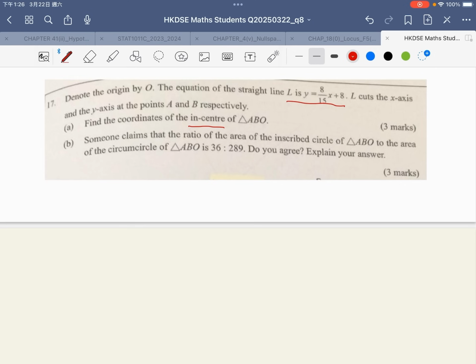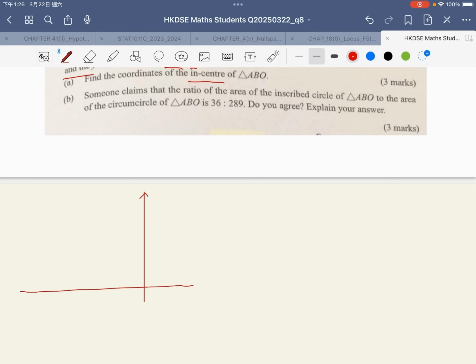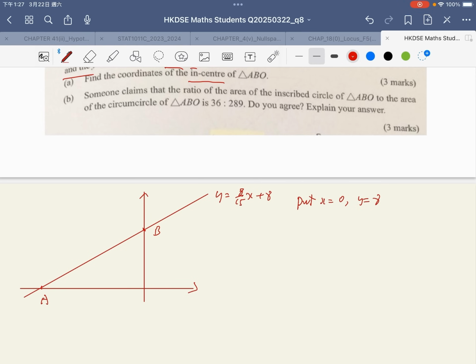For a line y equals x over 15 times x plus x is L. And this L cuts the x-axis and y-axis at the 2 points A and B. Now I calculate these 2 points. This is B. This is A. First, I calculate the coordinates of A and B. Put x equal to 0, y equals 8.